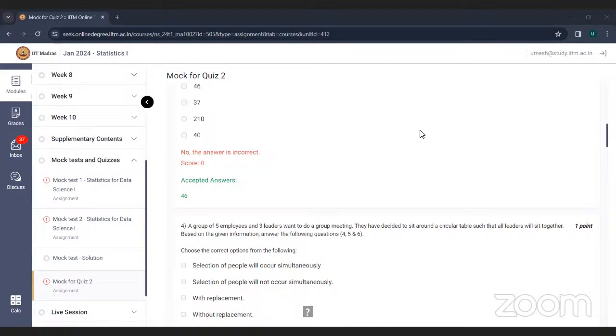Selection of people occurs simultaneously. Like one person sits in seat one, and only then the second person can sit in seat two, because I have to know where the first person sits. Exactly, your argument is right.